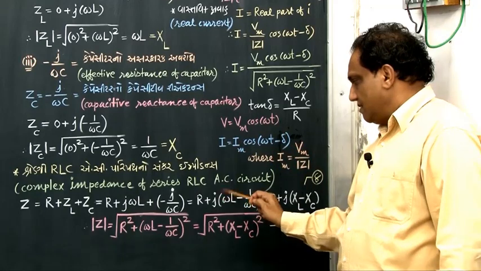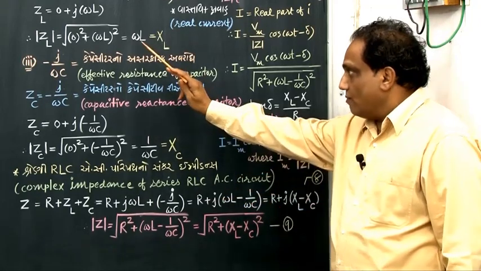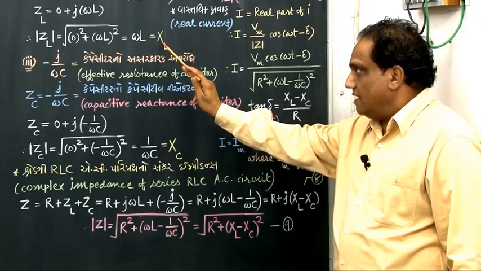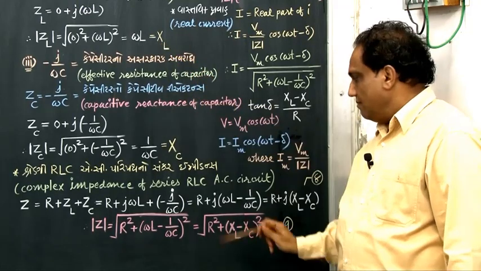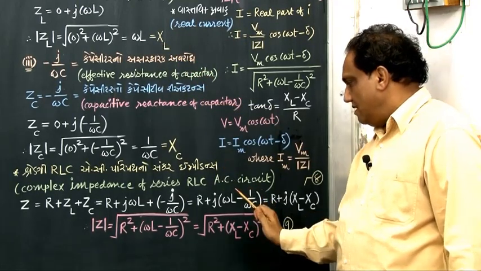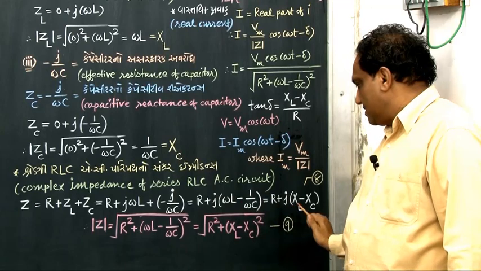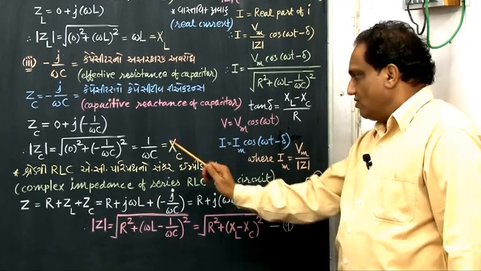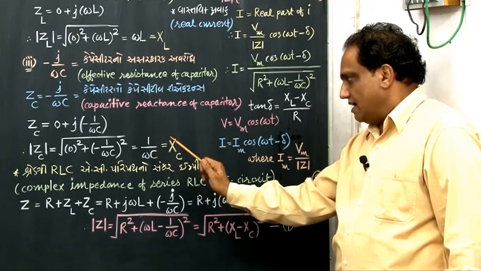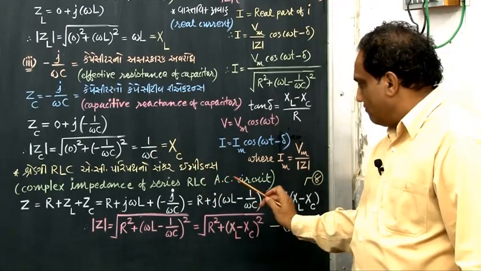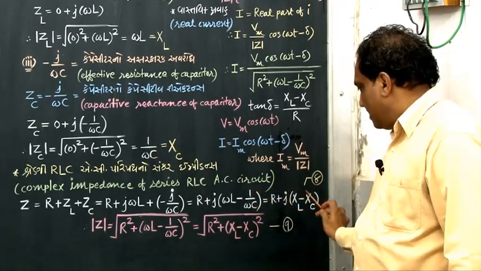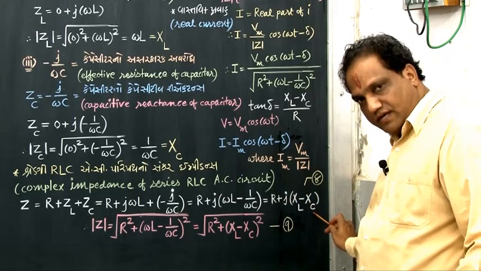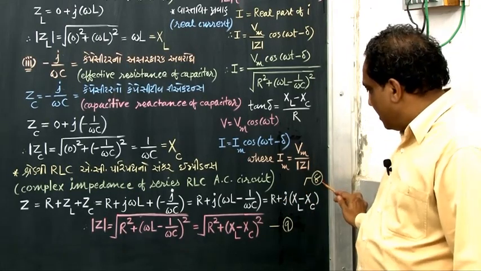Then tell me, inside the bracket, in place of omega L, what you can write? XL. In place of omega L, I am writing XL. Minus sign as it is. Instead of 1 upon omega C, I am writing XC. Okay. Give it equation number 8.